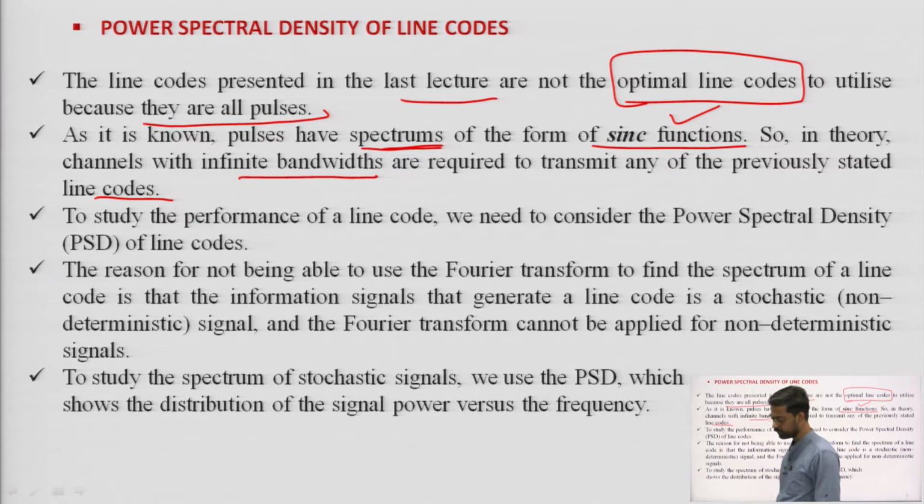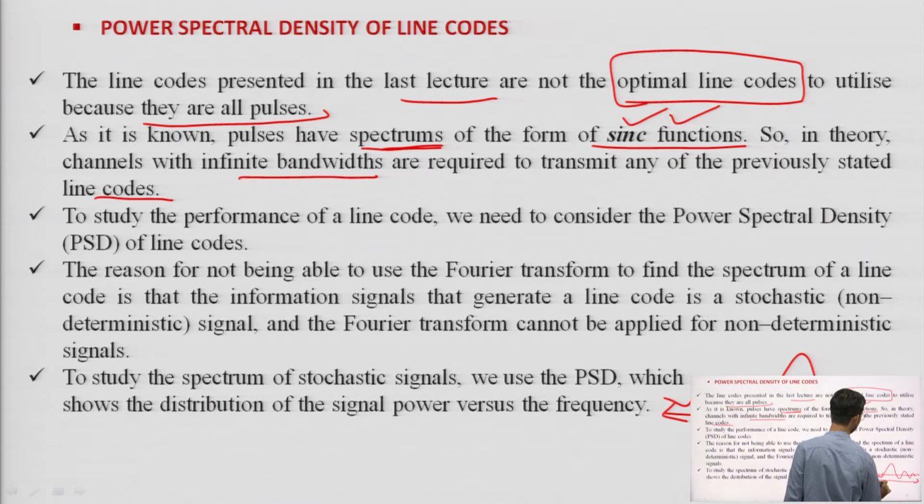Whatever line code techniques we studied in the last lecture, after converting the signal into pulses, those pulses are in the form of sinc, and this is your sinc pulse, and this has infinite bandwidth. Okay, it has infinite bandwidth.